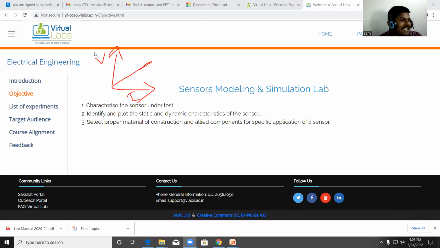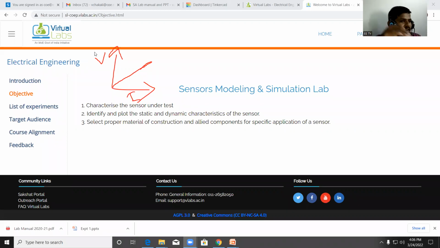So we want to characterize it by conducting some test. We are taking some resistance at some temperature.